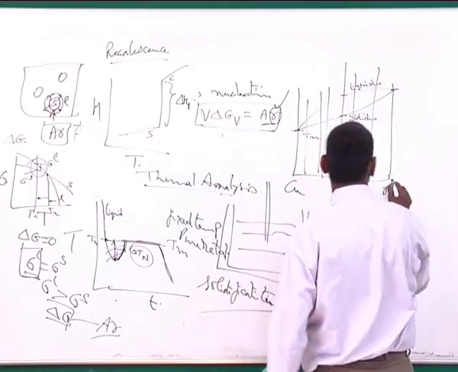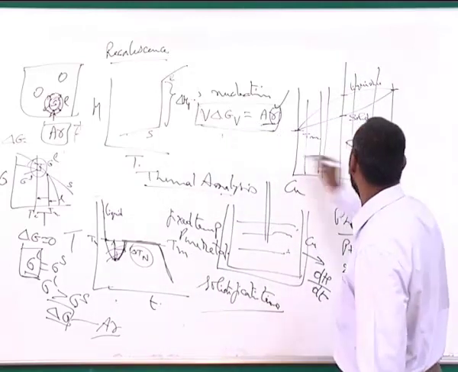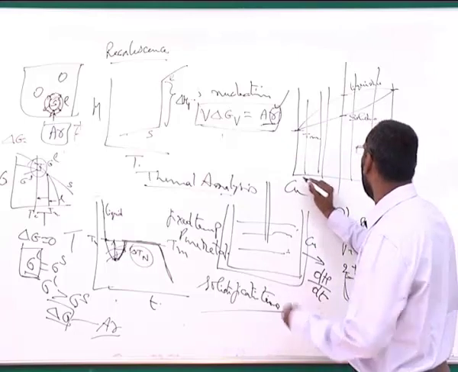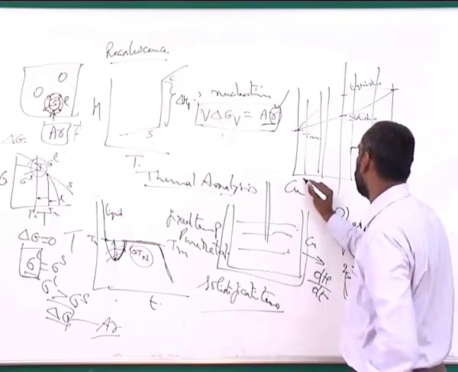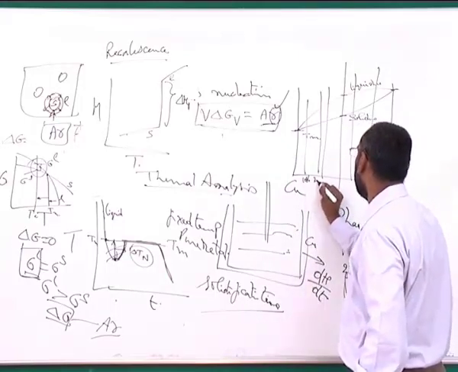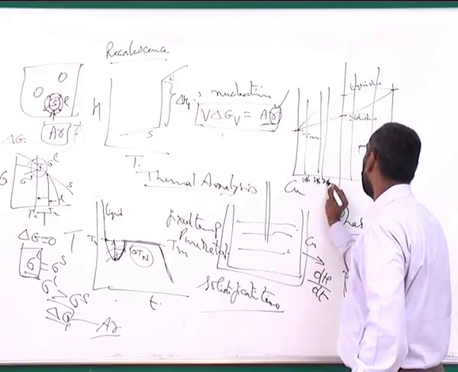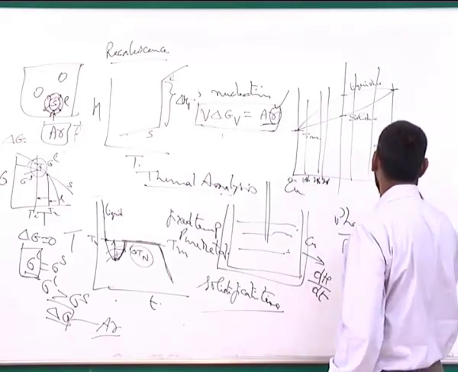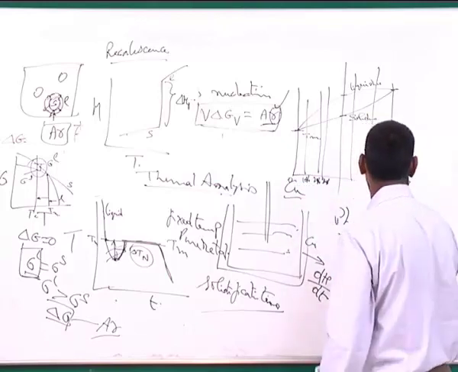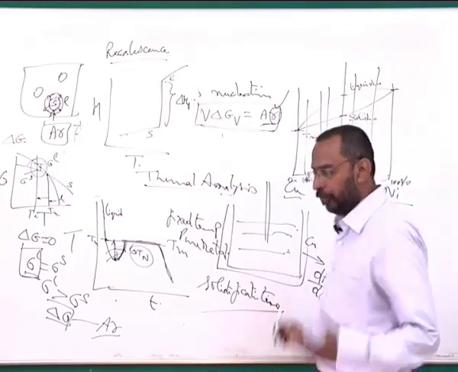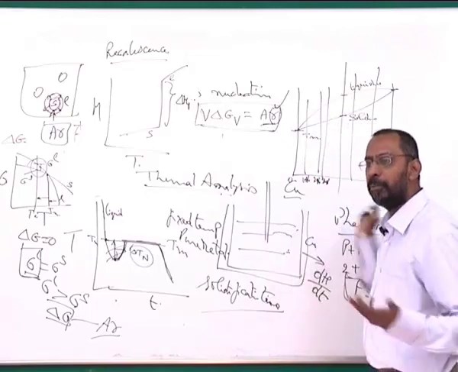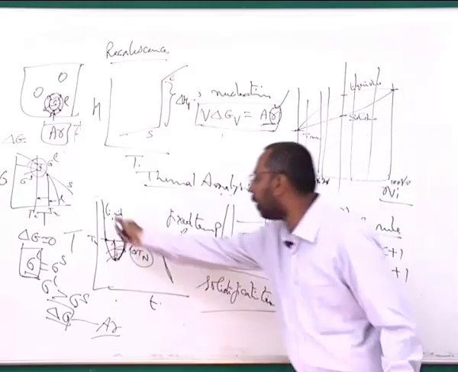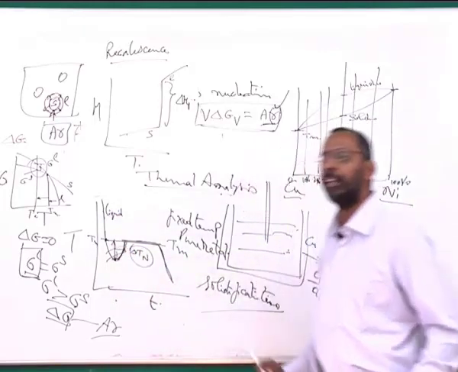from one end to the other end, let's say I make a number of alloys at regular intervals, let's say 10% nickel, 20% nickel, 30% nickel, and so on, starting from 0% nickel to 100% nickel. When I look at the 0% nickel alloy and the 100% nickel alloy, which I cannot call alloys basically because they are two pure metals, both of them will give me a cooling curve like this.